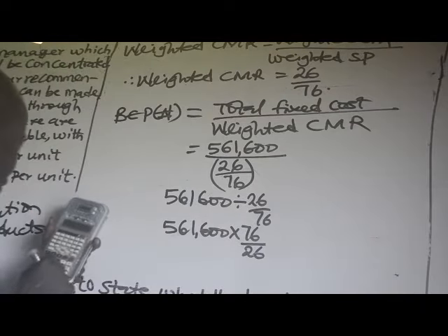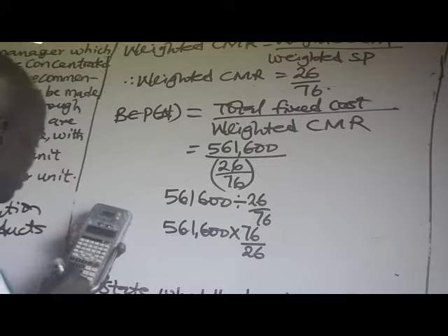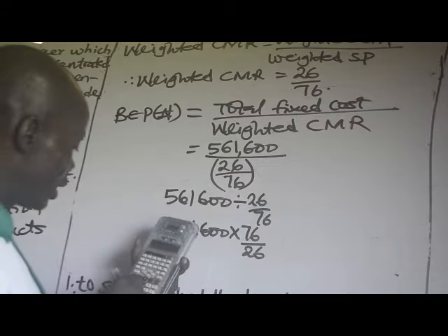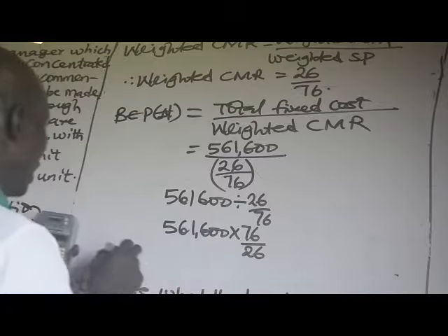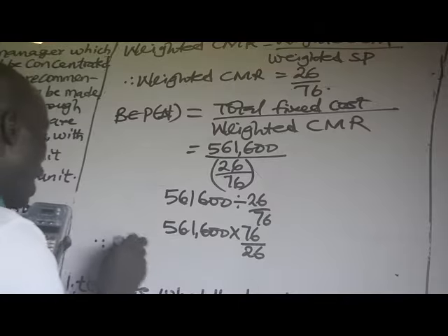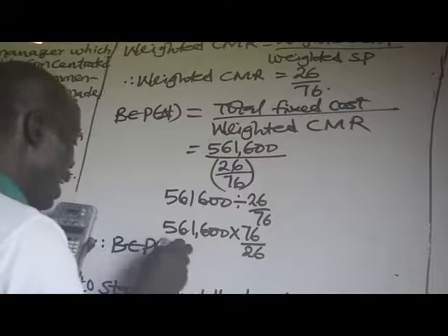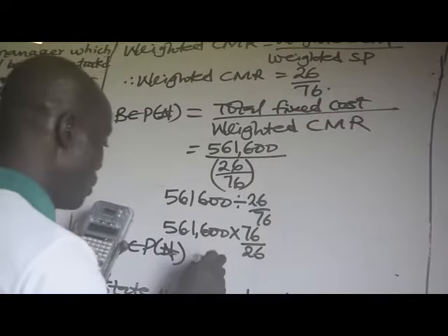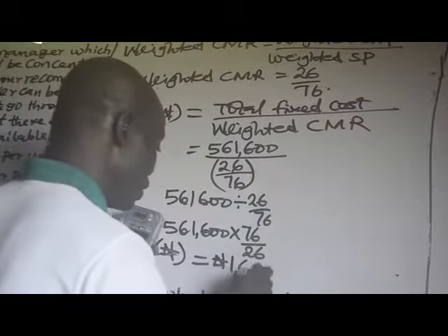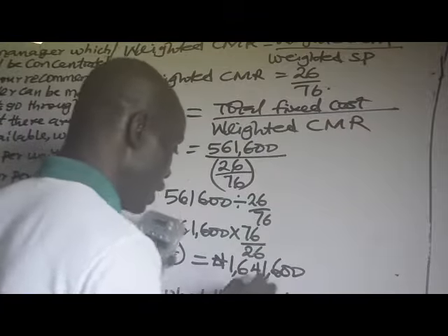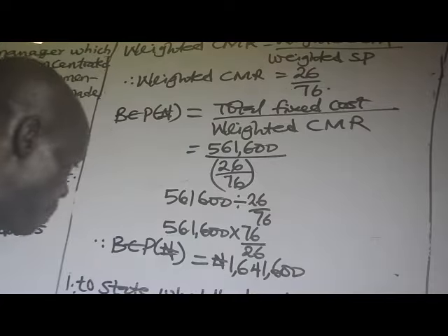Now, 561,600 times 76 divided by 26 gives us, therefore, the overall BEP in Naira as 1,641,600.